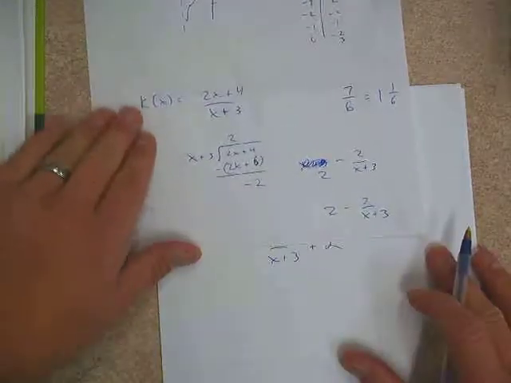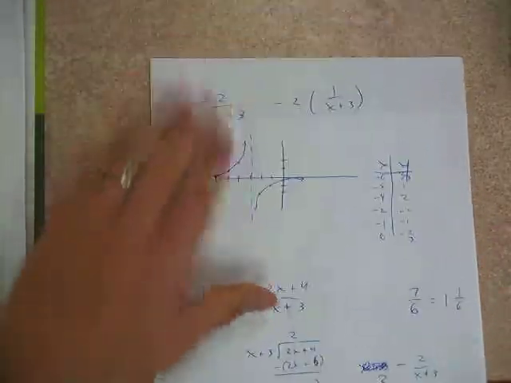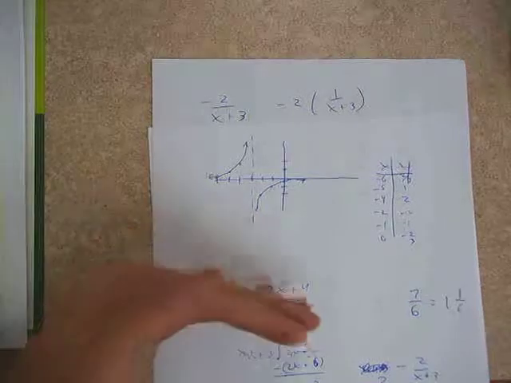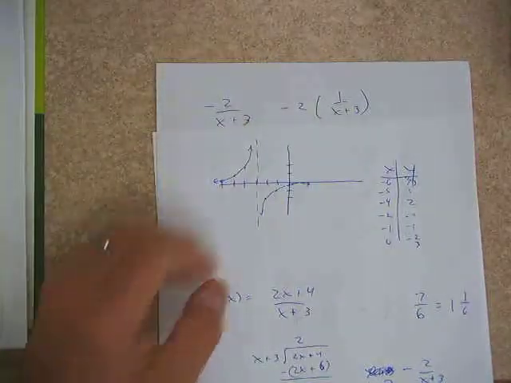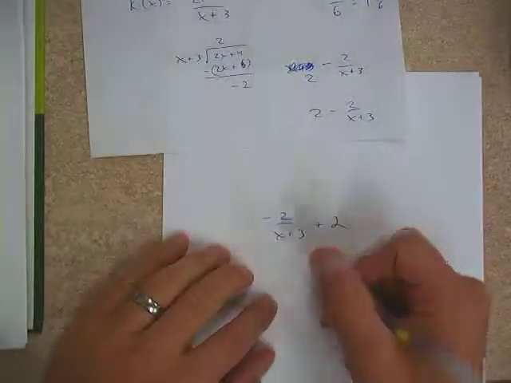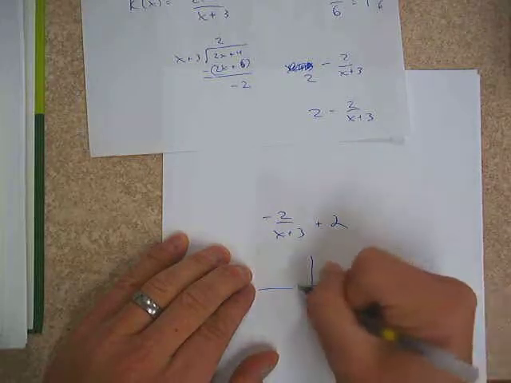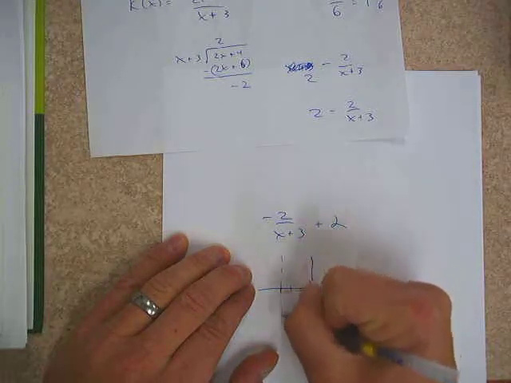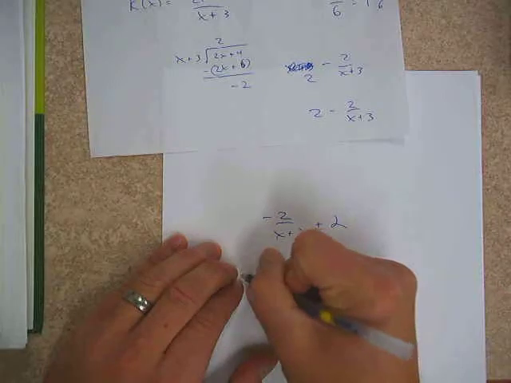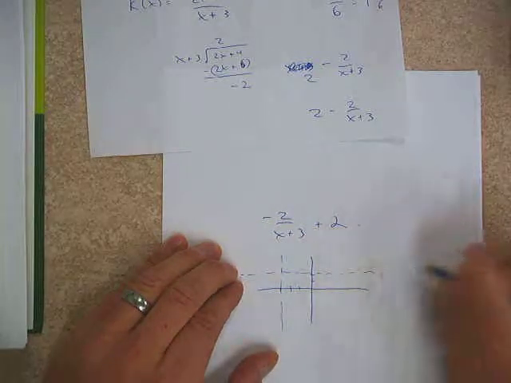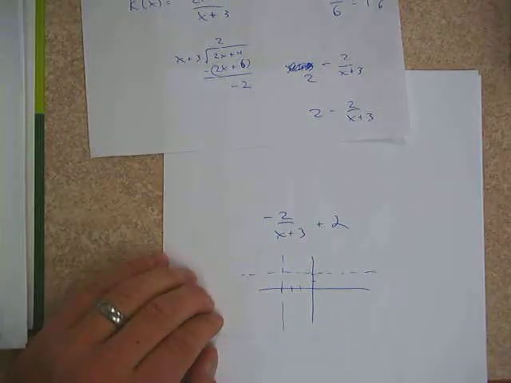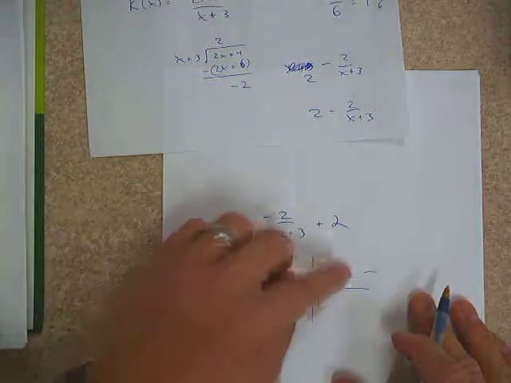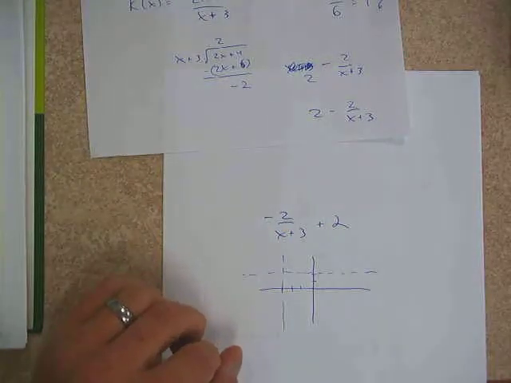Now, if you look at it this way, instead of writing it as 2 minus 2 over x plus 3, if we write it as negative 2 over x plus 3 plus 2, okay, didn't we just graph this a minute ago? And then what is this going to do to the whole thing? It's going to move it up 2, isn't it? So if you look at the graph that we just drew, which is right here above, okay, wouldn't it be exactly the same graph, but ultimately just moved up 2?